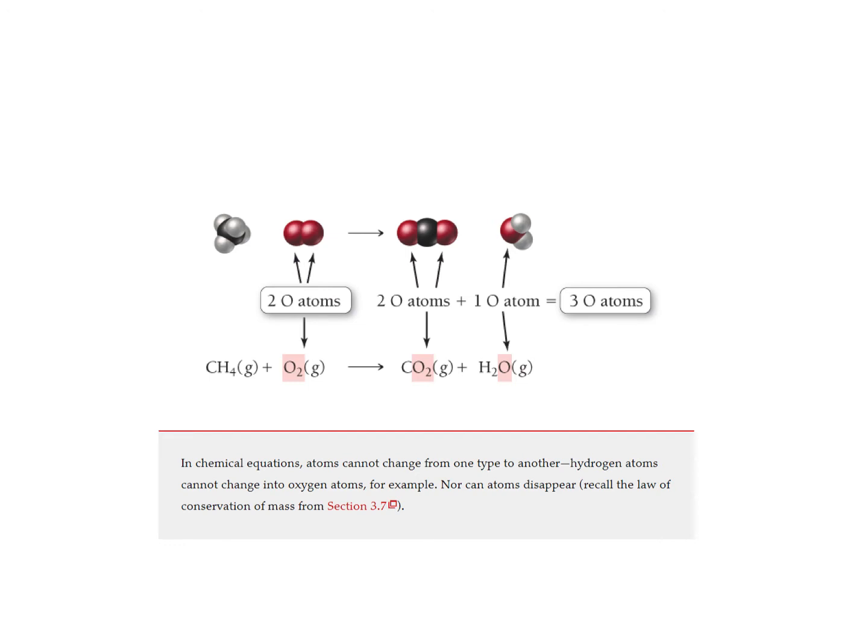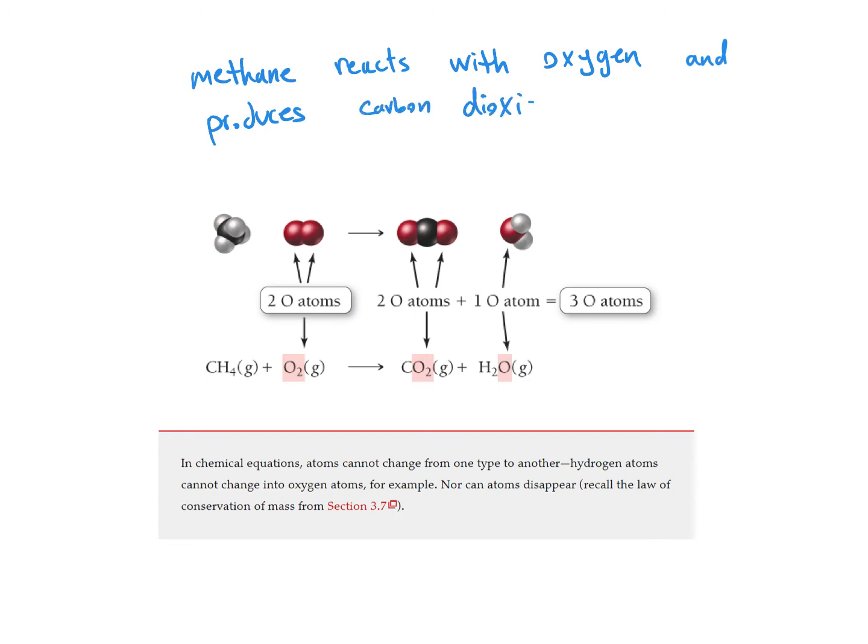Now, we want to learn how to write a chemical reaction. If I tell you methane reacts with oxygen and produces carbon dioxide and water.